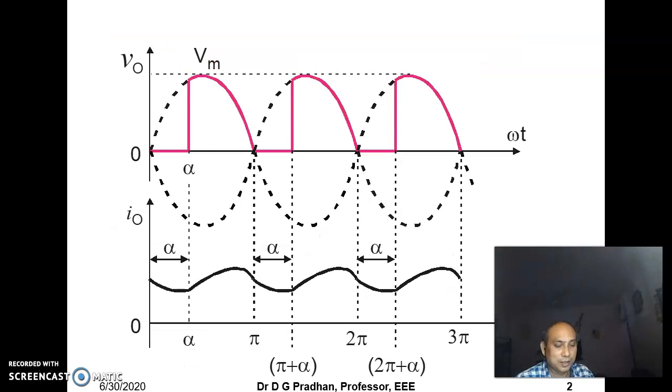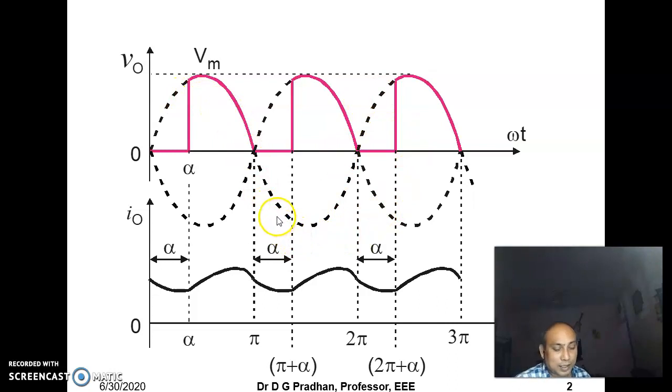See over here, in a cycle of the source voltage, this is the output voltage and output current response. The dotted line is nothing but your input voltage.